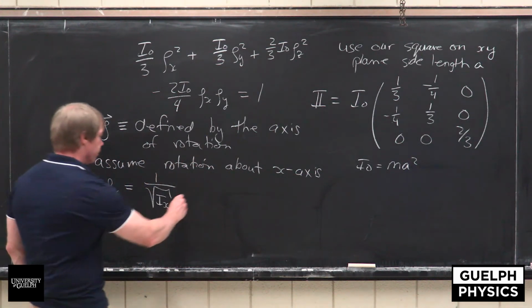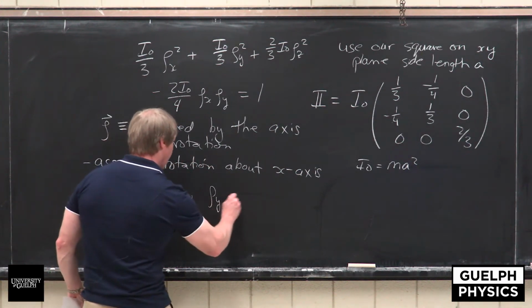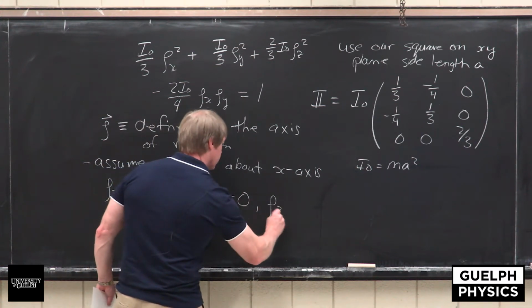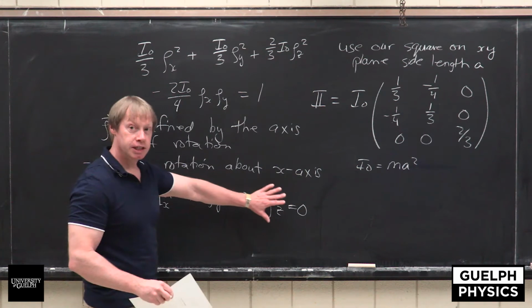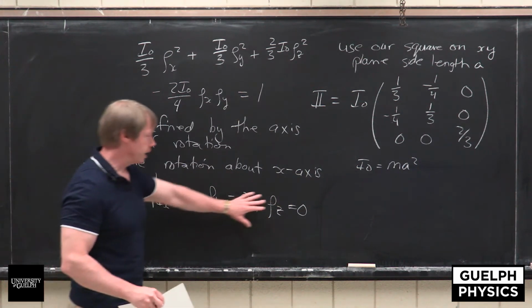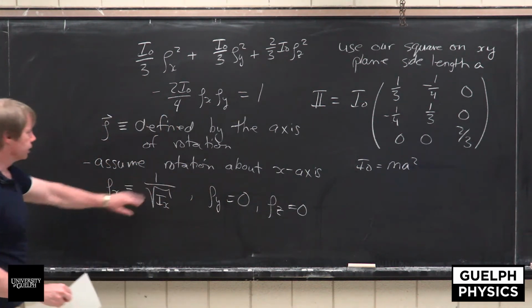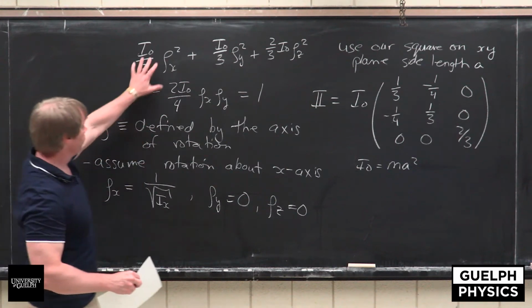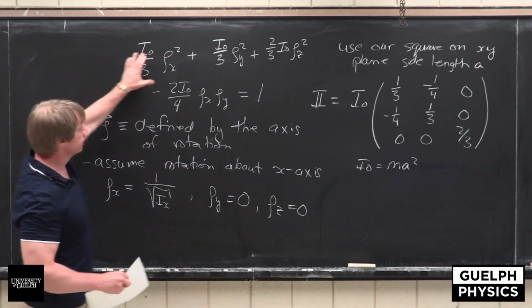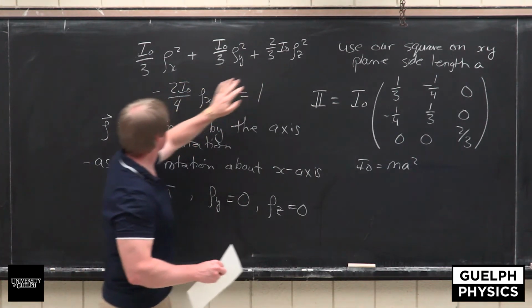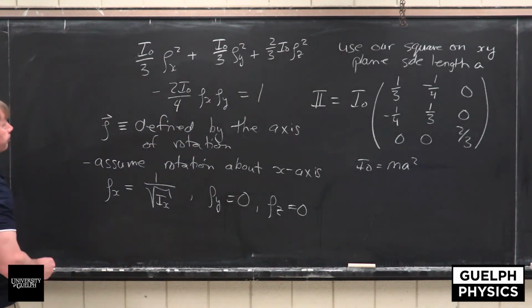And then the other variables, rho y is 0, and rho z is 0. We're not rotating about these axes, so the direction cosines vanish. So this is all we have. And we plug into our expression here. So these terms all disappear.